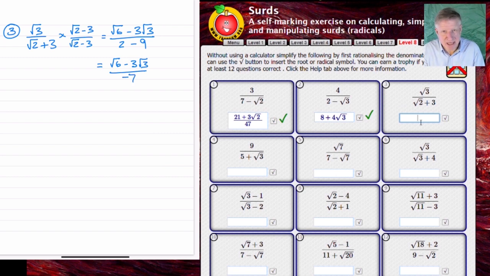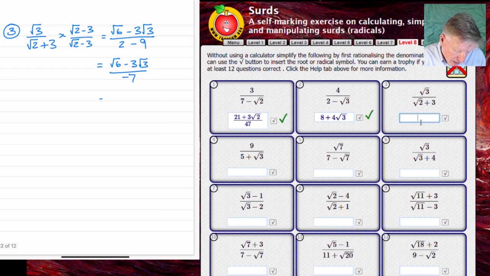Now you may think that that is the simplest form, but it's not. If I multiply the top and the bottom, the numerator and the denominator, by -1, it's actually slightly simpler, because the terms on the top change their sign.